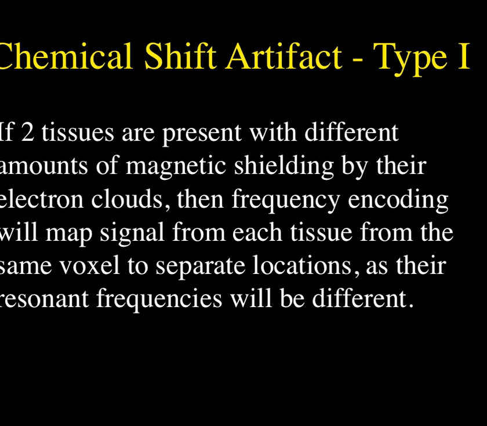Okay, so if you have water and if you have fat, again, this is review from last time. The fat has these huge electron clouds. They shield the protons in the center of the molecule so that they are at a lower magnetic field than protons out freely in space. Water has very few shielding electrons, so its protons basically see the full magnetic field.